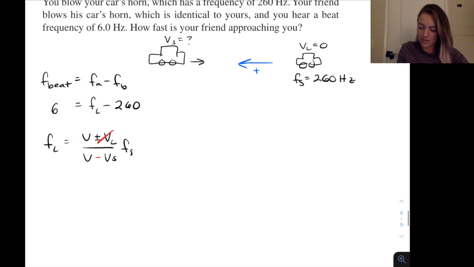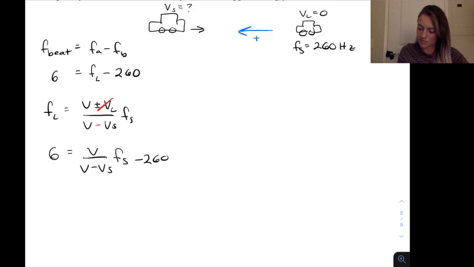So we have 6 as the beat frequency, equal to v over (v minus vs) times fs, minus 260, and then we just have to solve for vs. This is going to take a little bit of algebra. Let's move this to the other side.